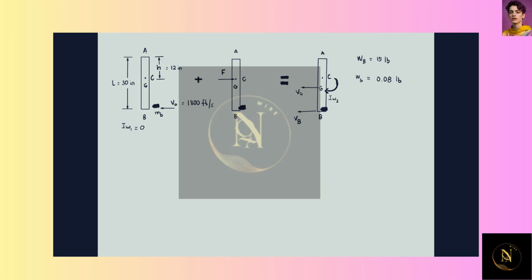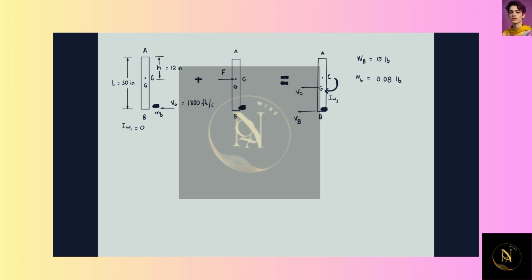Now, for the second part of the diagram, the bullet becomes embedded at point B and produces an impulsive reaction F at point C, as we can see in the second part of our illustration.